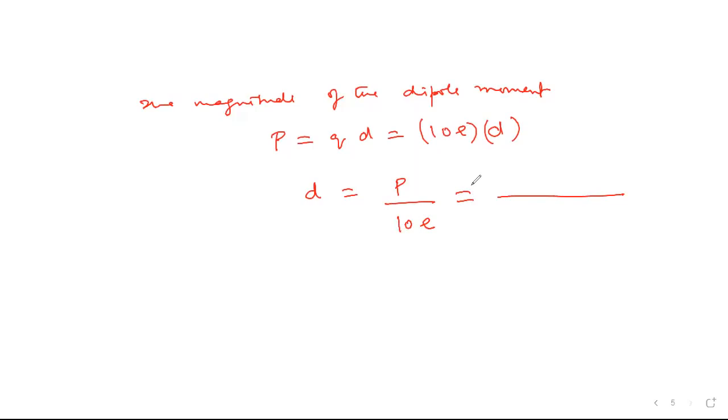P is given. What is P? 6.2 into 10 raised to the power minus 30 coulomb meter.